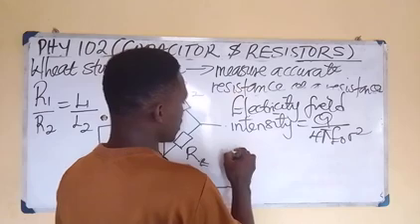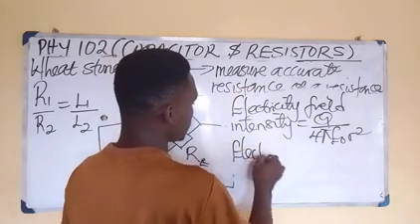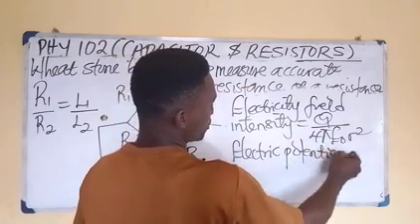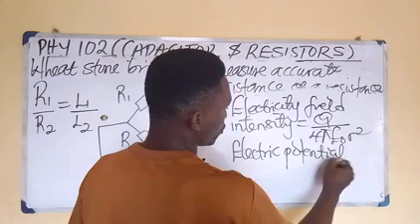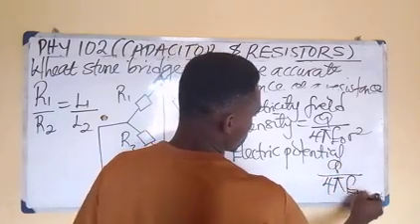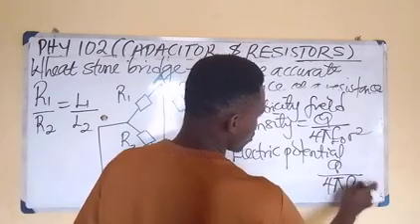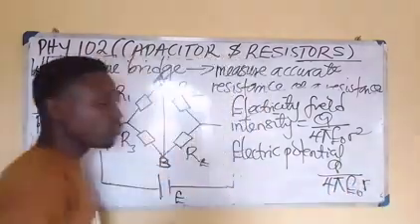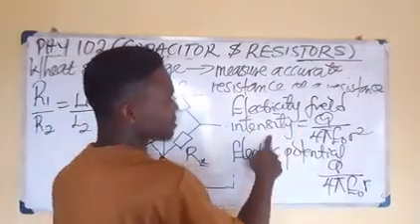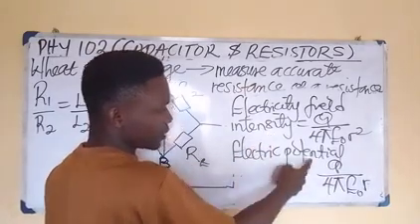But electric potential is equal to Q over 4 pi epsilon naught R, not R squared. Yes, not R squared. So don't mistake electric field intensity for electric potential.